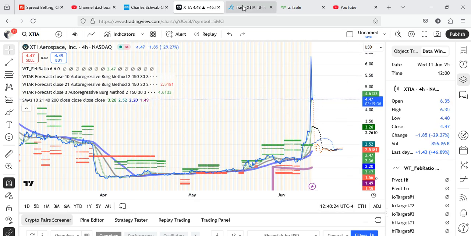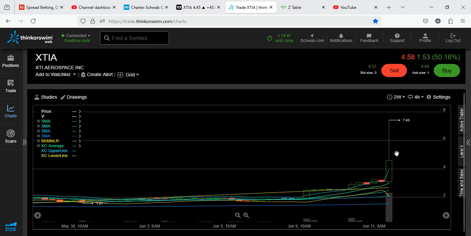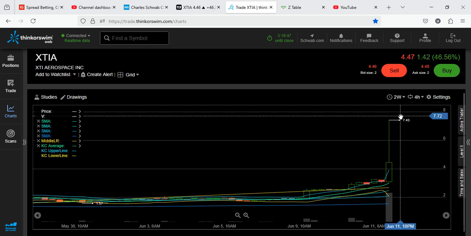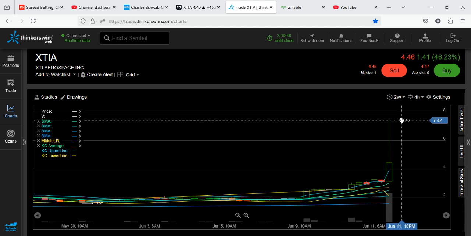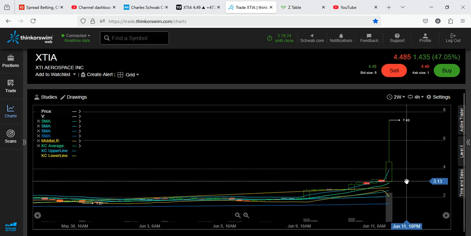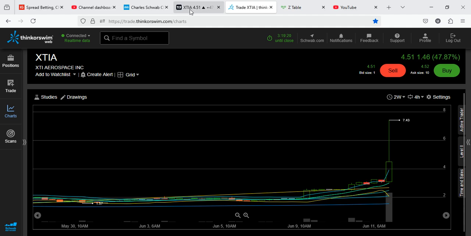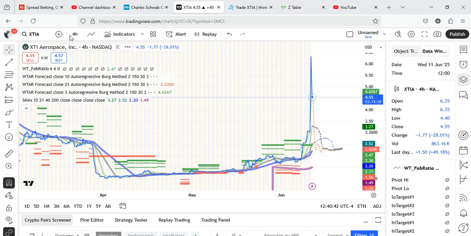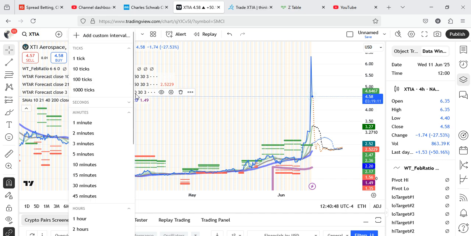Okay, let's see. XTIA, highly volatile. Let's see what we can do. Can we try and come up with something? 7.43. Not the best, just losing some ground. Where can we get the figure we need? Let's see the 3-hour chart.